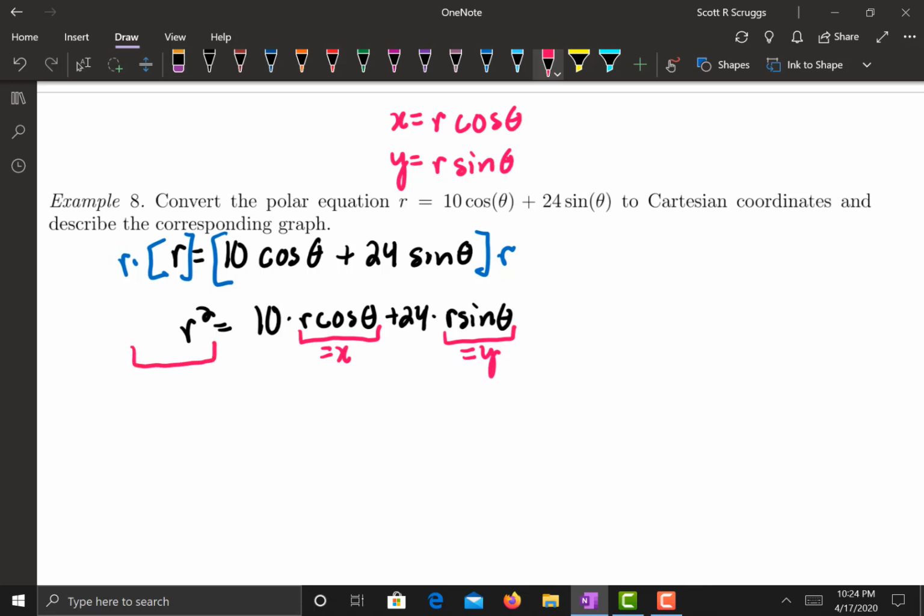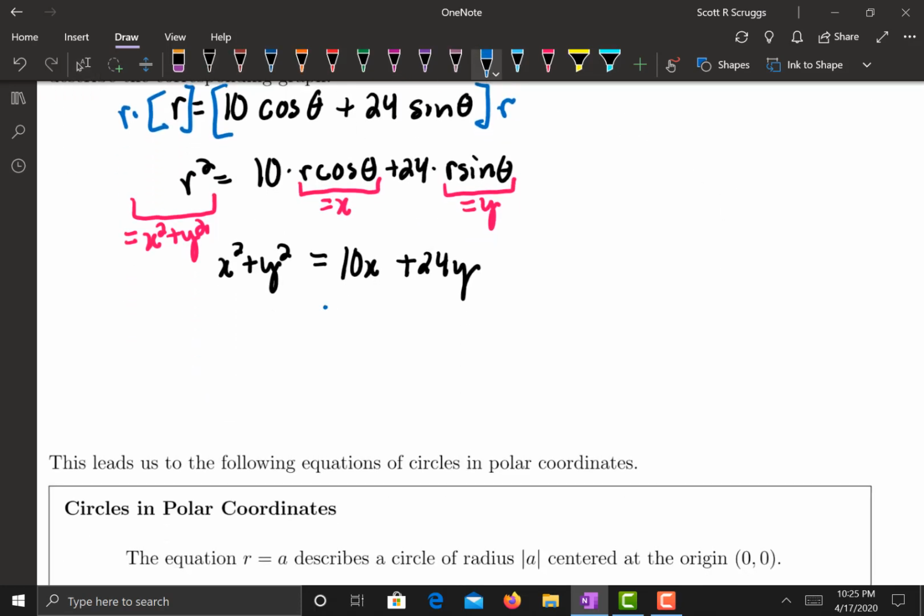But I could go even further and substitute more, because I have the equation of r squared equals x squared plus y squared. So now I have the equation x squared plus y squared equals 10x plus 24y.